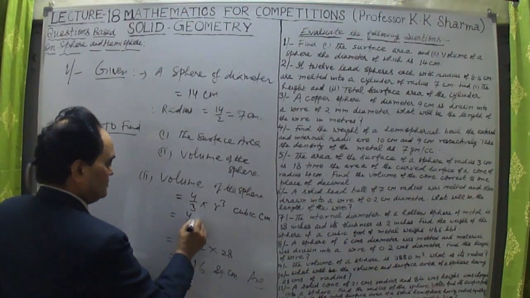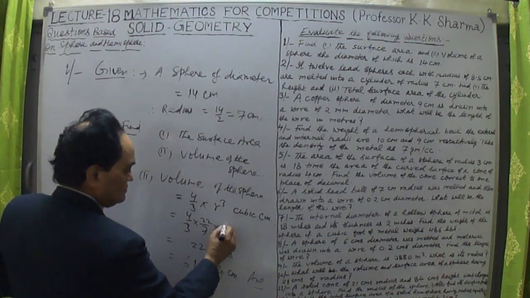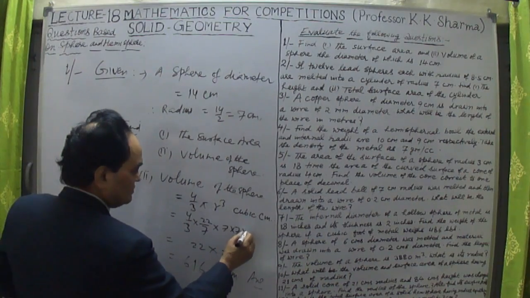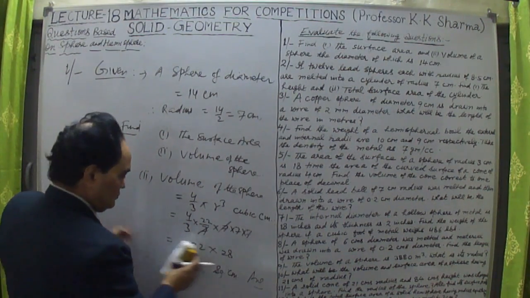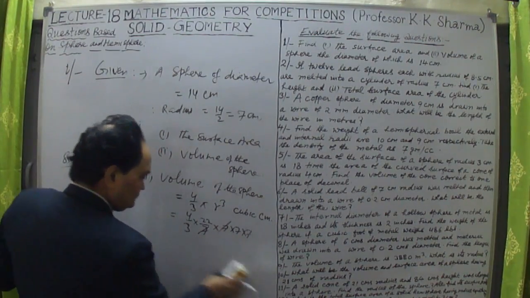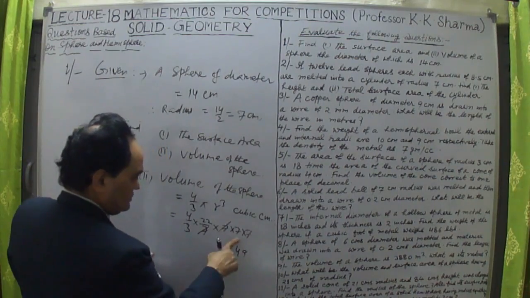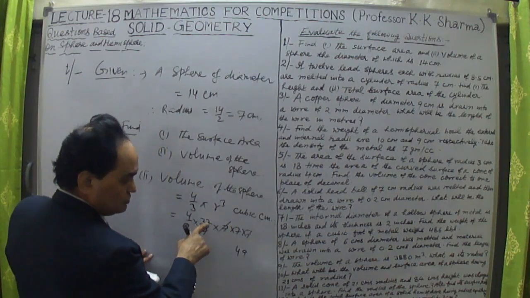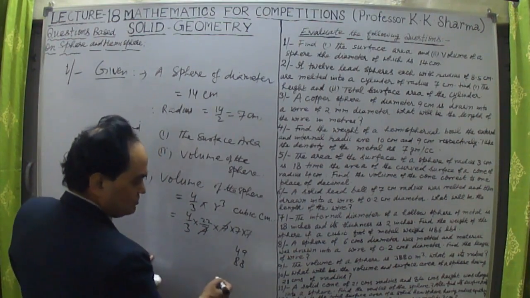So 4 by 3 pi, again 22 upon 7, into r is 7 into 7 into 7. One 7 is cancelled out. Now 7 7s are 49, and 4 into 22 is 88. So multiplying them, then divided by 3.